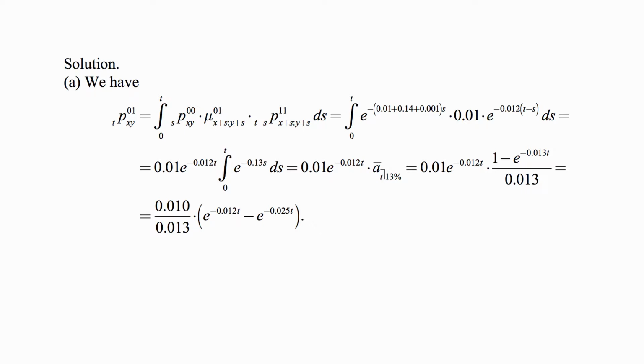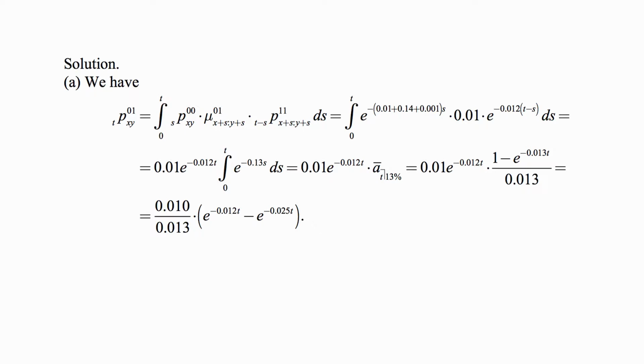So e to the minus the sum of those forces times s. The mu 0,1 force is 0.01, and then we have the same e to the minus sum of the forces, but there's only one force, from state 1 to state 3, over a period of time of length t minus s.